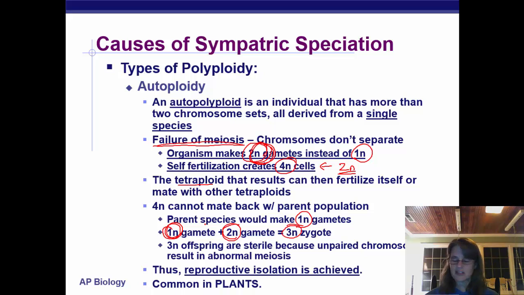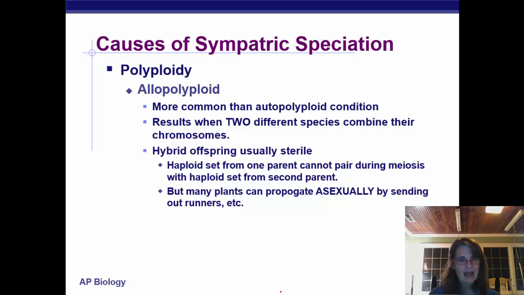This is extremely common in plants. It is not super common in animals, but it is extremely common in plants, as are all these forms of polyploidy, much less common in animals. Allopolyploidy is more common than what we just talked about, and it results when 2 different species combine their chromosomes.